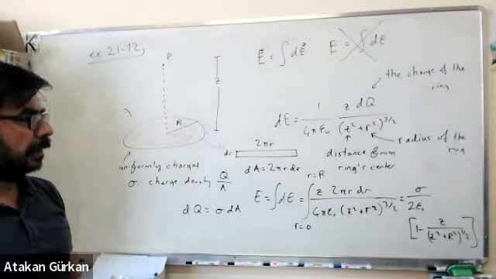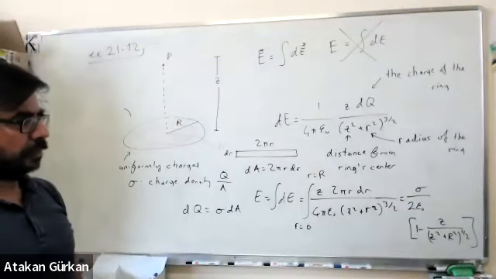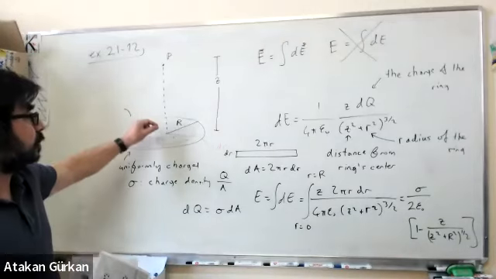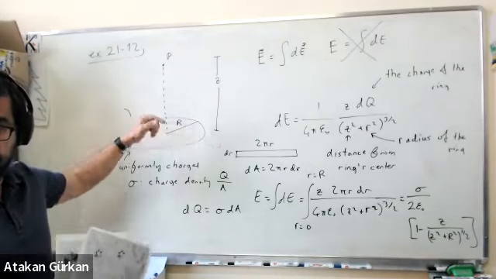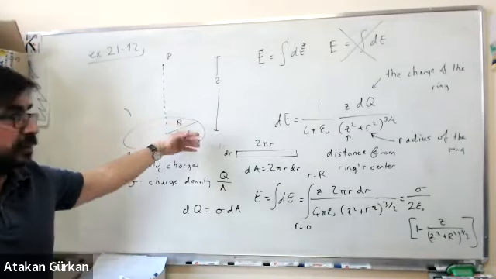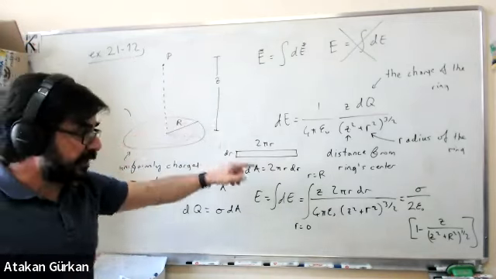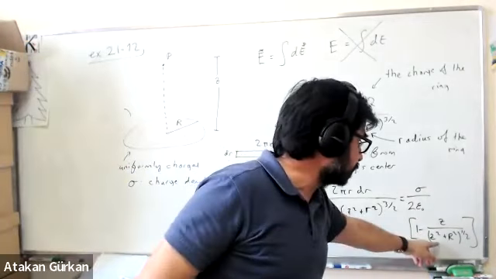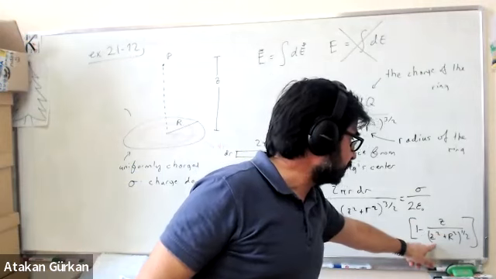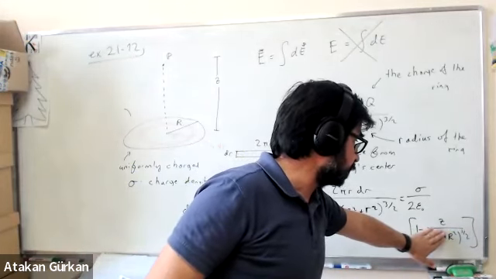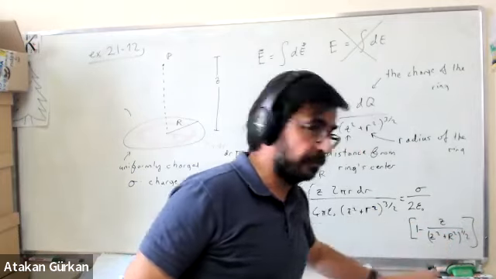Okay. One interesting thing that you can do with this is that you can imagine that you are very close to the surface, or conversely, your disk is very large, right? So this capital R is much larger than this z. In that case, there's a simplification that takes place. If capital R is much larger than z, and R squared is much larger than z squared, I can neglect the z squared, and this becomes 0.